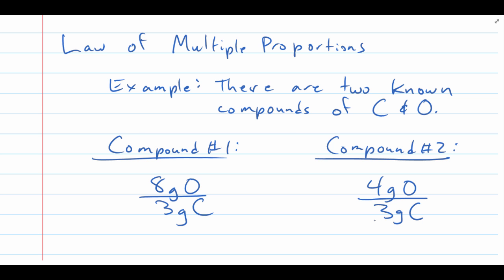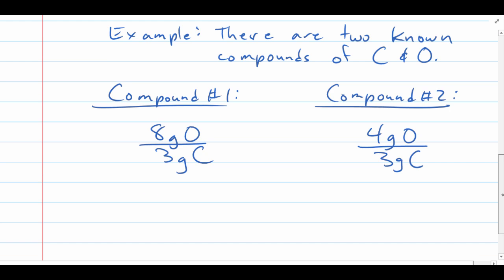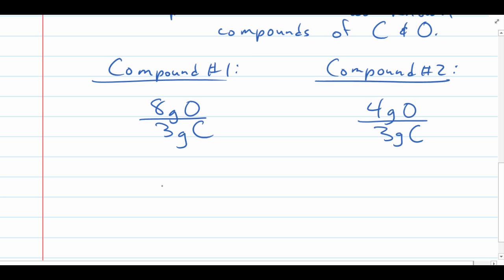But now if we compare these two ratios to each other, how does this first ratio compare to the second one? The first ratio is twice as big. And if the first one is twice as big as the second one, that must mean that this first one has how many times more oxygen than the one over there? 2 times.